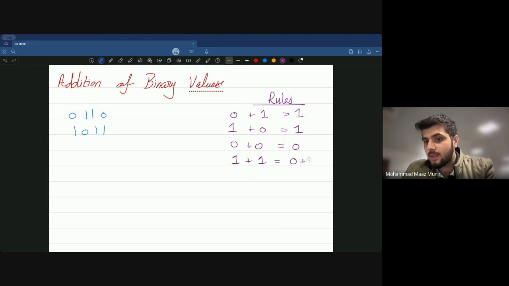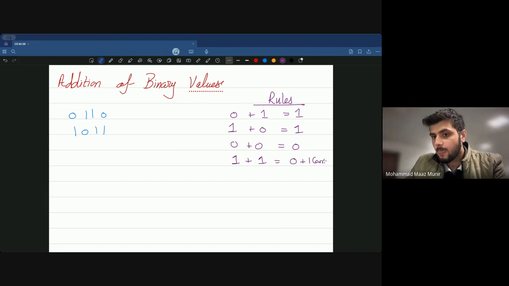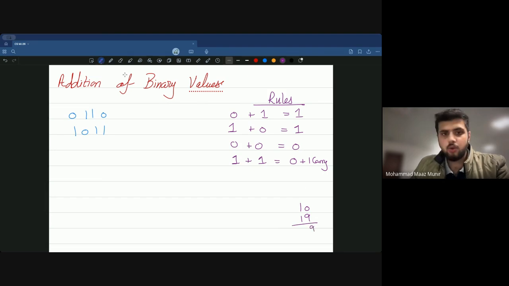It's the same carry as when I'm adding, let's say, 13 plus 19. So 9 plus 3 is what? 12. I cannot write 12 up here, right? So I'm going to be writing 2, and this is going to go as 1 carry.